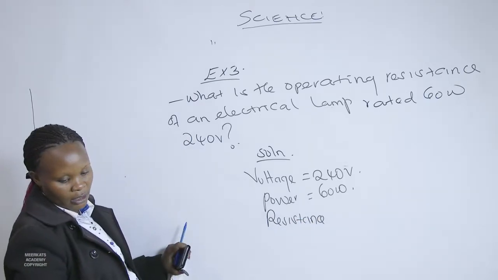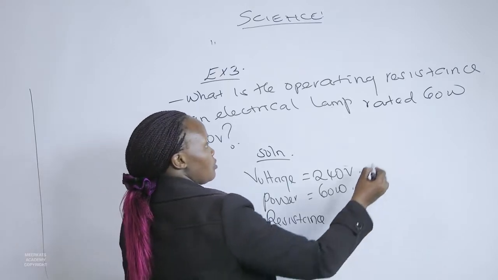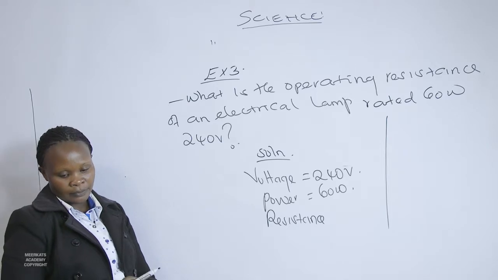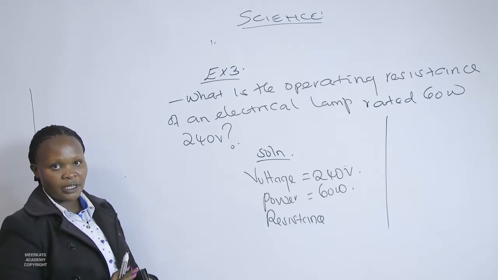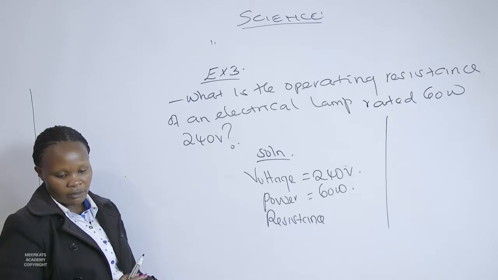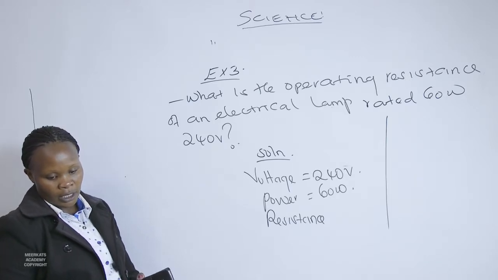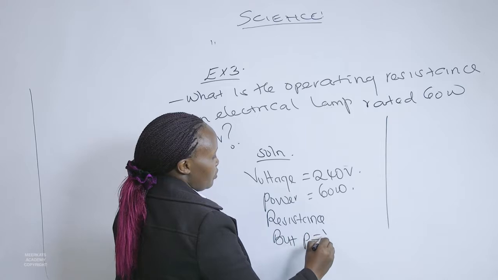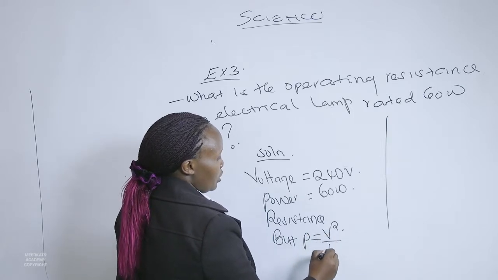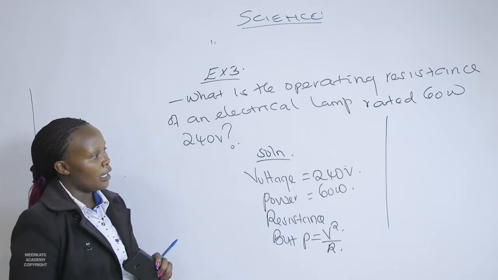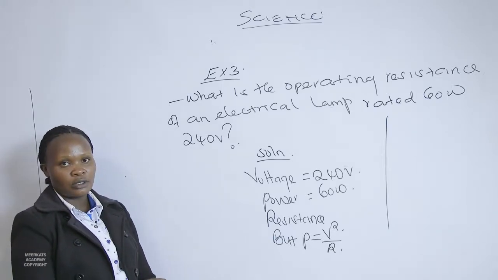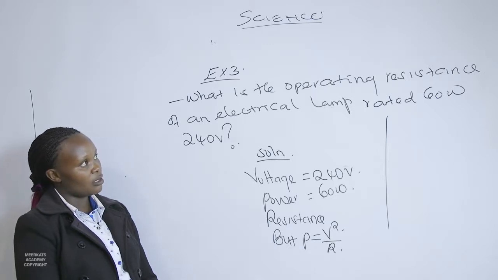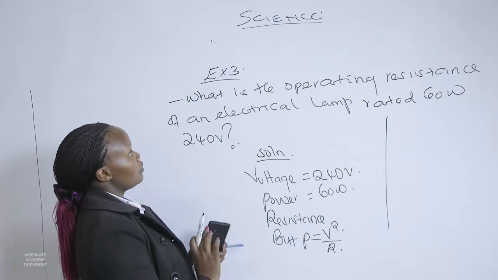So we go back to our three expressions of power, to find out whether there is one that relates the three. And power is given by voltage squared divided by resistance. Therefore, let us substitute so that we can find the operating resistance of the lamp.